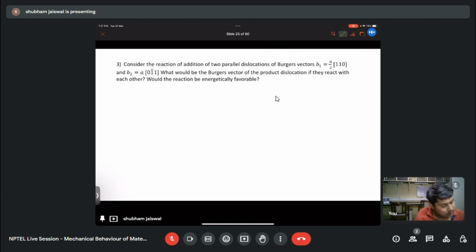So what they are asking is, this is dislocation B1, let's say this is B2. They are forming the third dislocation B3, and they are asking whether this reaction is feasible or not. That is, B1 plus B2 is giving B3.